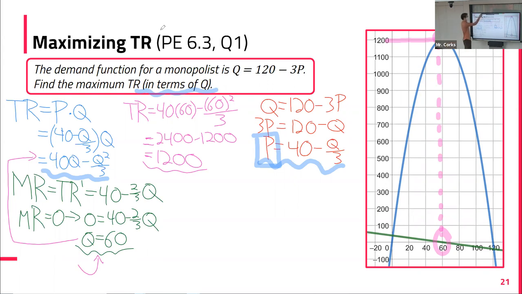Okay, so a nice simple version of this problem. It's a quadratic function. We just use our derivatives to find the location of the maximum, and then one more step to find the actual maximum. Okay. Any questions about this example? No? All right.